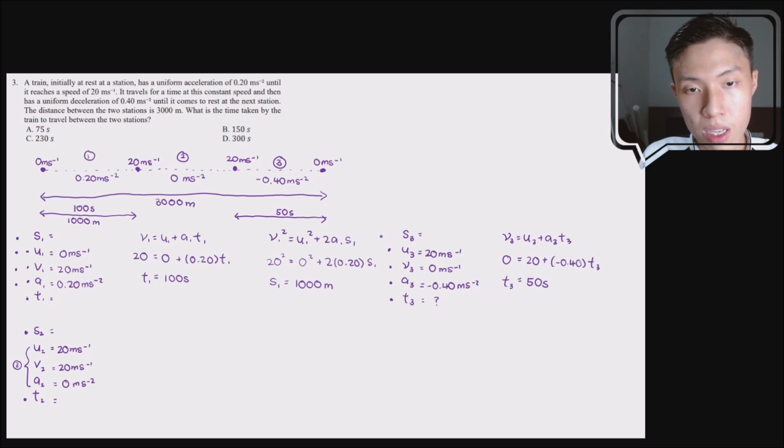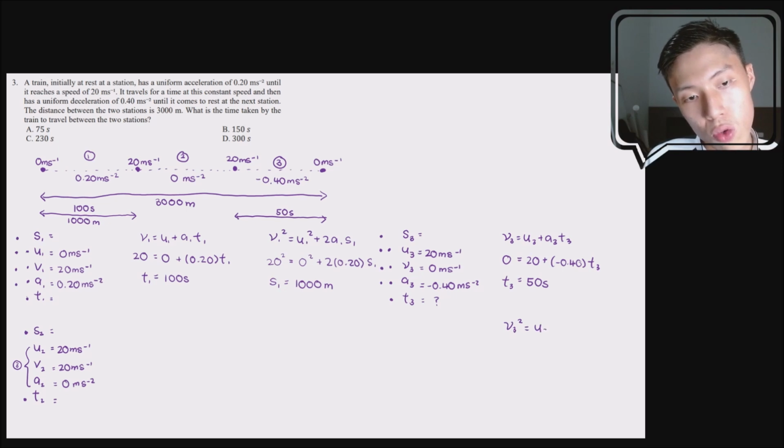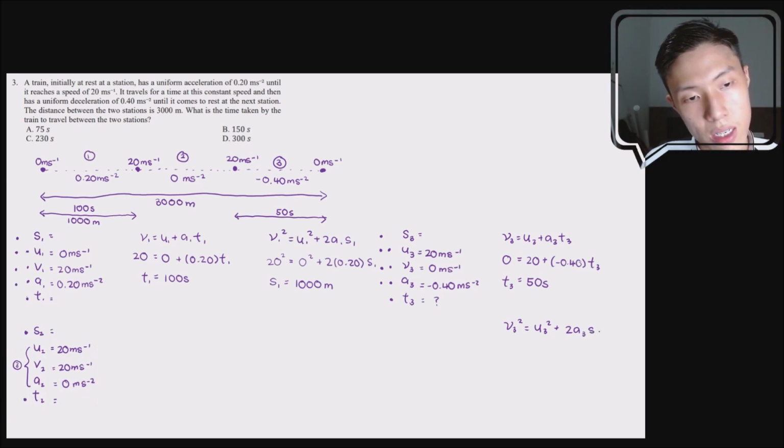We want to determine the displacement S3, and we are given information U, V, and A. So we can use the equation of V square equals to U square plus 2AS.